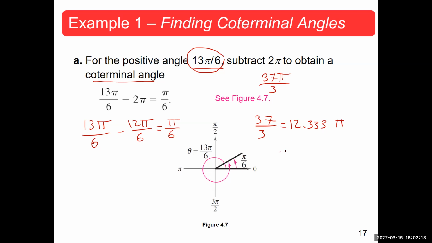So this becomes 6.1666 of 2 pi, correct? So now I know I have 6 revolutions. The fraction is really my coterminal angle. If I take the leftover 0.1666 and multiply by 2 pi, that will give me the angle I'm looking for. Can you do that? Tell me how much is that?